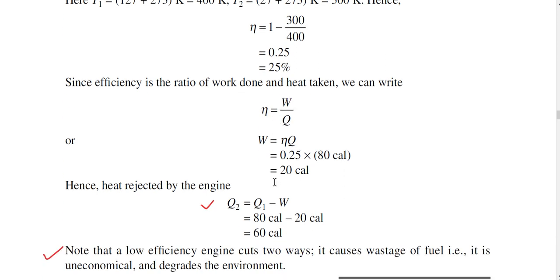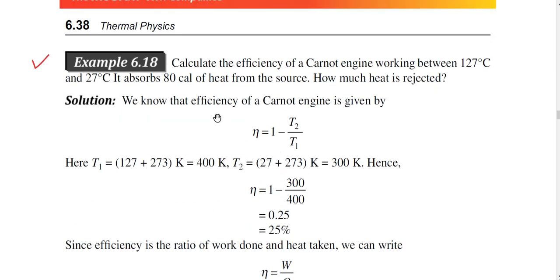Now there is another formula which we have discussed in the earlier lecture, that is W is equal to Q1 minus Q2, or Q2 is equal to Q1 minus W. Here Q1 is 80 calorie, that is the heat taken, because the statement says it absorbs 80 calorie of heat from the source.